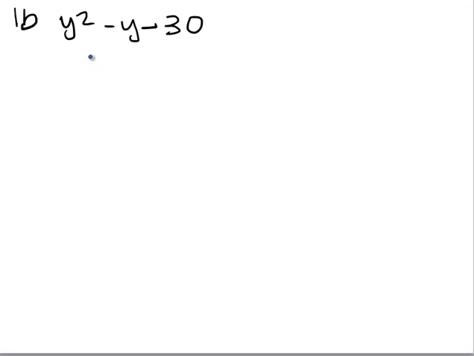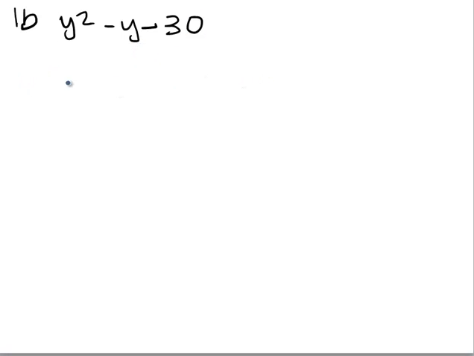Here we have another expression. It's set up as the basis of a quadratic. The only thing missing again is the equals 0. But I can factor this. Here I have to find two numbers that multiply to make 30 whose difference is 1.